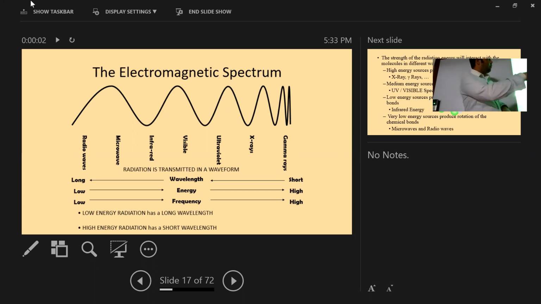But if we put this energy, it can decompose a molecule. That means if we put X-ray to any water molecule or different types of molecule, it can decompose its bonds completely. It is even possible to take an electron from the core of the nucleus.